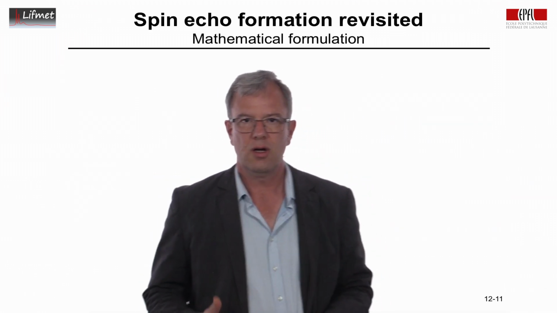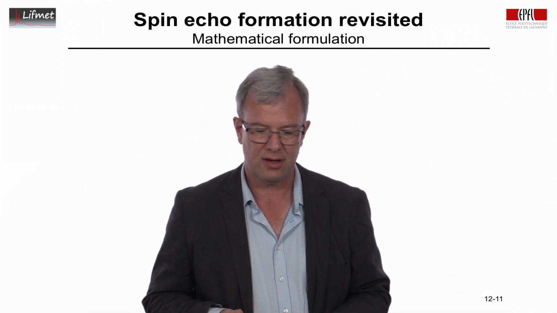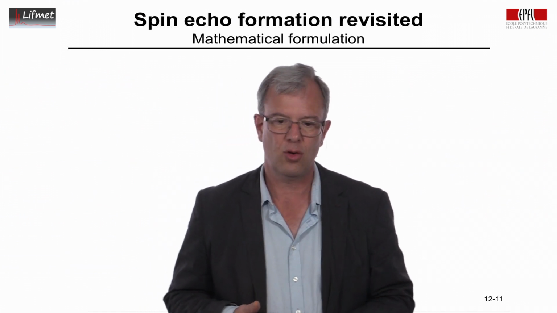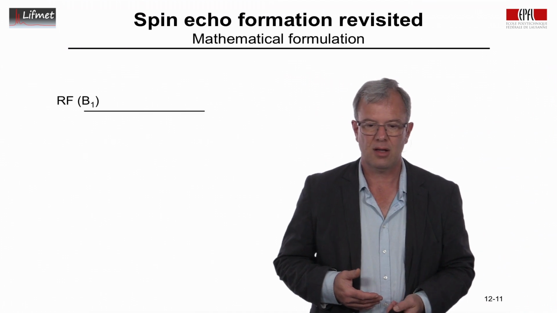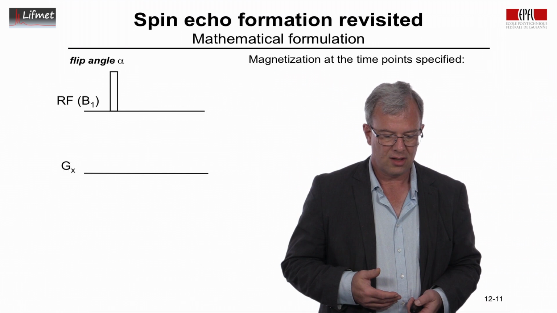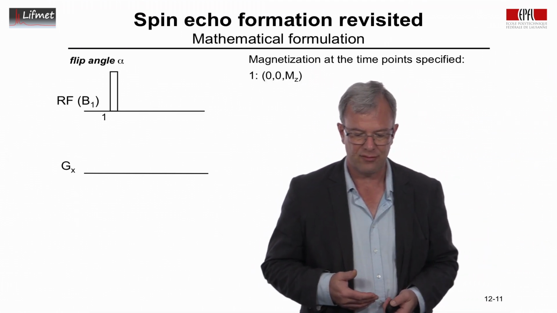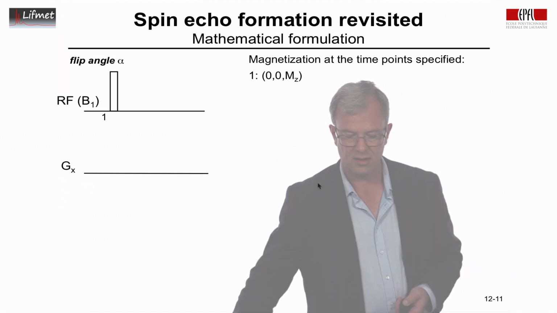Okay, so I want to revisit the spin echo formation. We had a graphical argument why we have echo formation with a 90-180 degree pulse, and I want to take here a more mathematical approach. So we'll have the RF field, we'll do a flip angle alpha. We have a gradient along x, and we'll look at the time point 1. At time point 1, we just have z magnetization, so this is our magnetization vector.